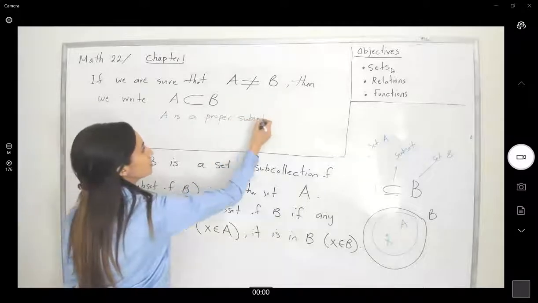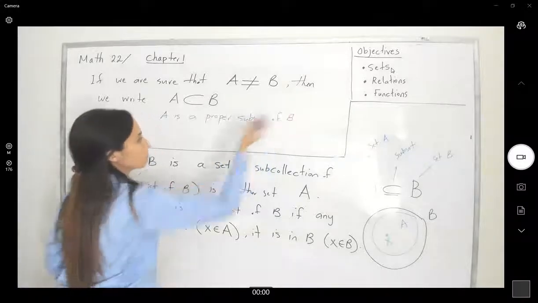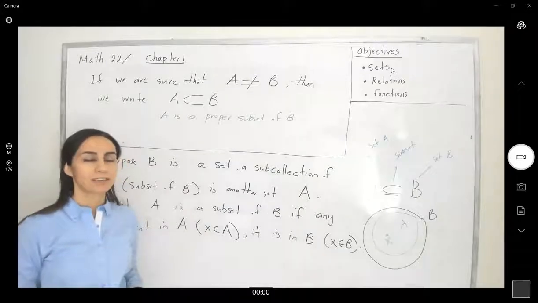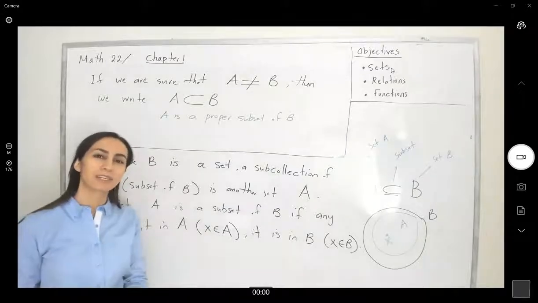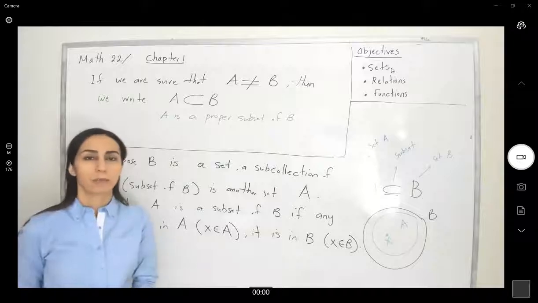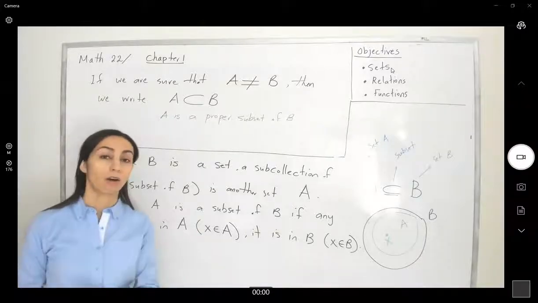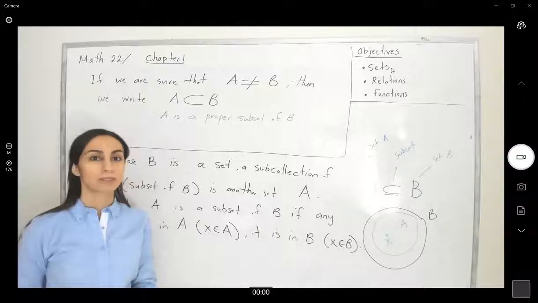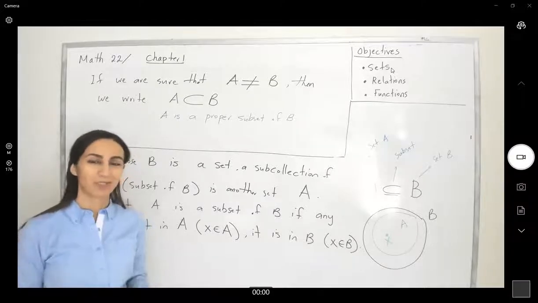For example, you can say that, hey, natural numbers is a proper subset of whole numbers. Natural numbers is a proper subset of integers. Natural numbers is a proper subset of real numbers, and so on.